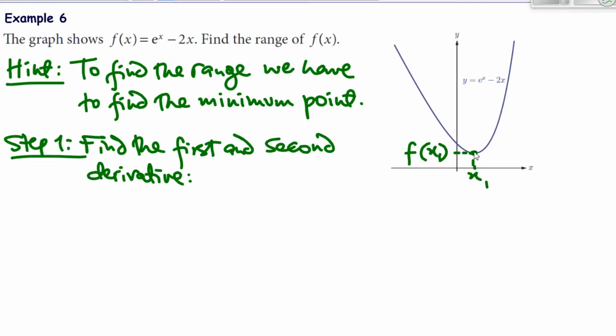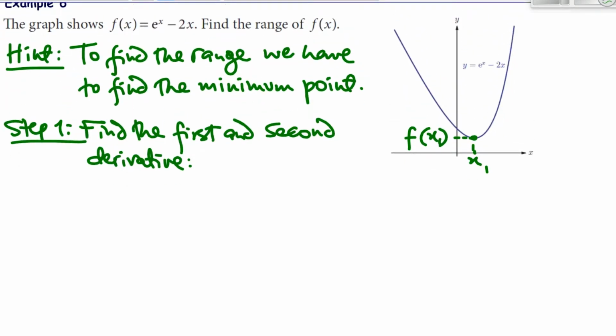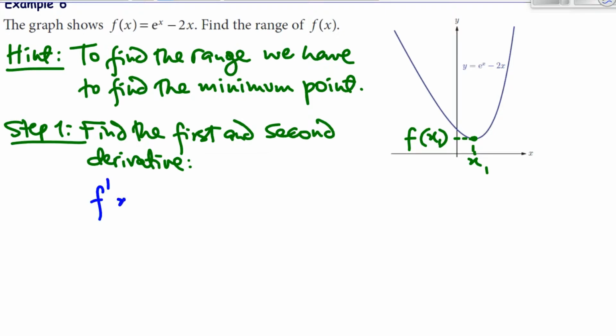To find the first derivative, we just need to differentiate that function. So the first derivative will be e^x − 2, and the second derivative will be e^x.